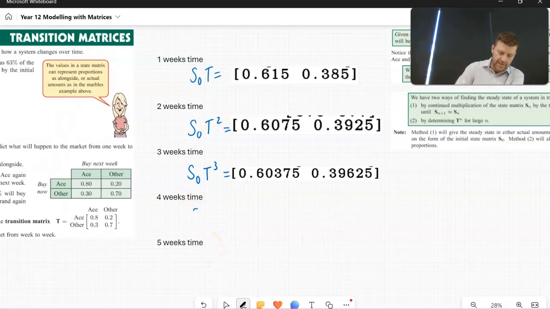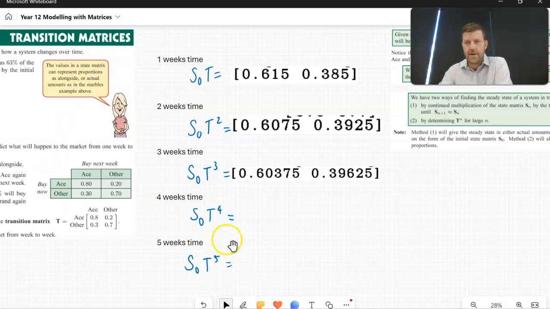And yes, it is the initial state matrix multiplied by the transition matrix to the power of 4 for 4 weeks, and the initial state matrix times by the transition matrix to the power of 5 to see the market share after 5 weeks.